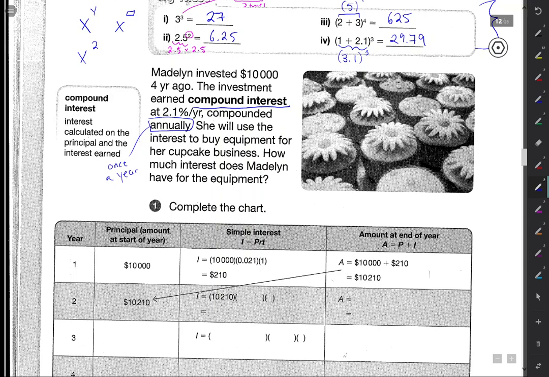Annually, it's once a year. So once a year, they're going to calculate this interest. And when they calculate the interest, they're going to add it to your initial amount, your principal amount. Then the next year, when they calculate the interest again, the interest is also going to be affecting the interest that you added on the first year.